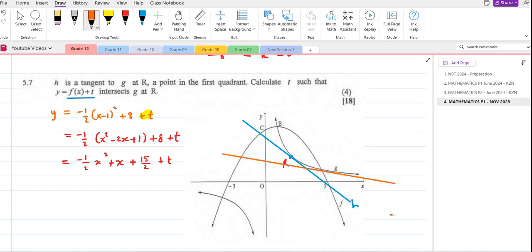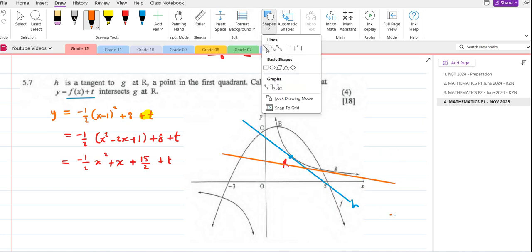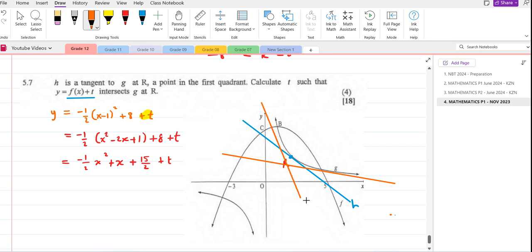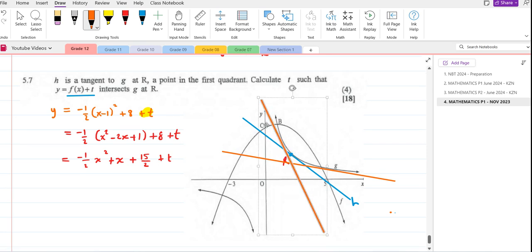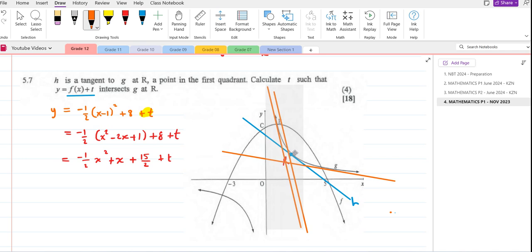You can have multiple tangents, a tangent line like this, or you can have a tangent line like this. Yeah, so I'm trying to get a tangent at B. Right, so these are the many different types of tangents you want.